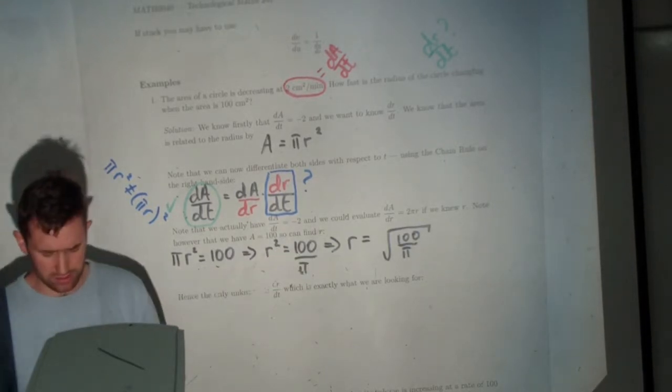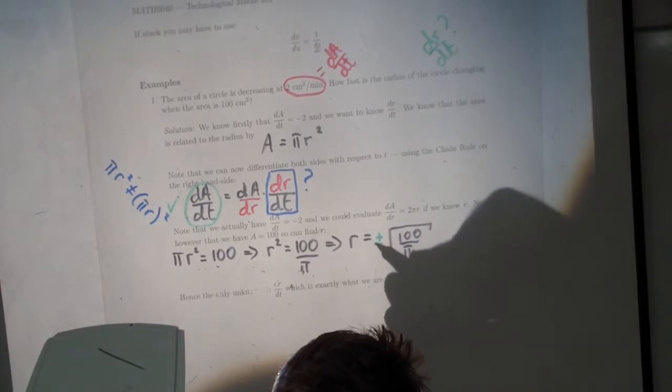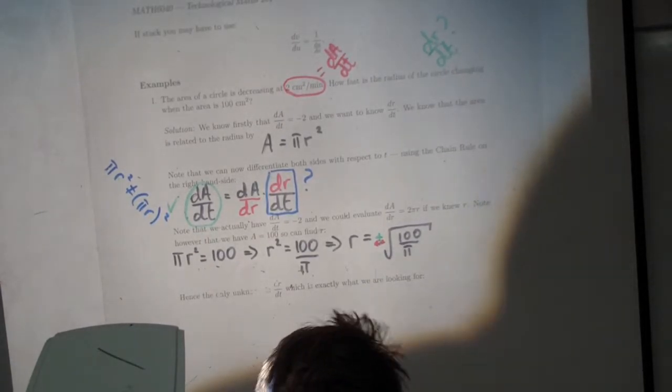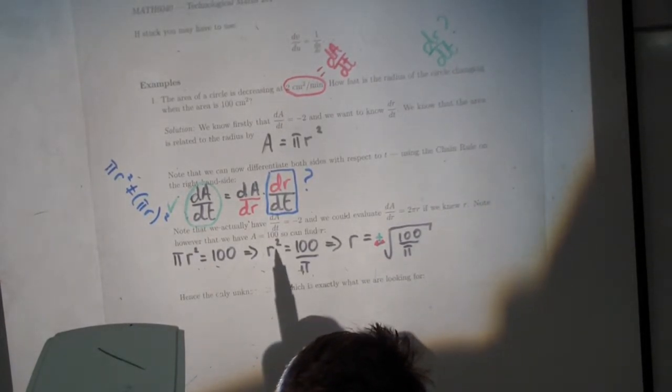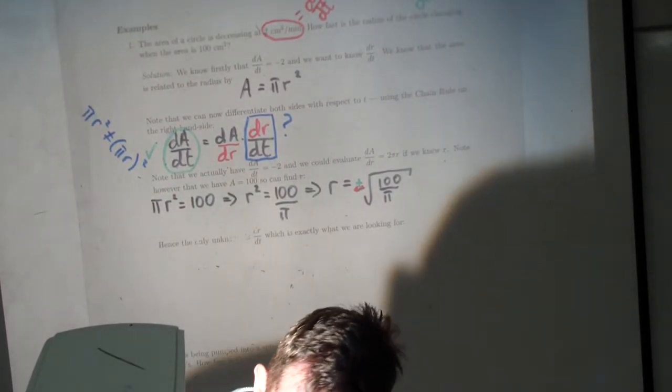Two. Plus or minus. What about the minus solution? It's not physical. The radius is positive. Now, you might think that's a ferocious waste of time, but it's good practice to keep remembering that there are two solutions when you have a square in general.